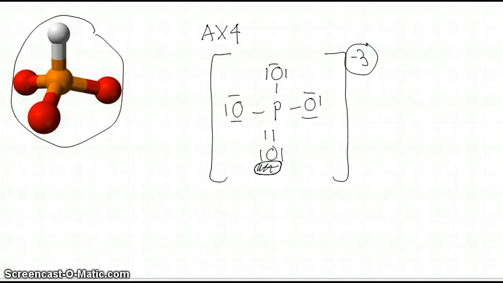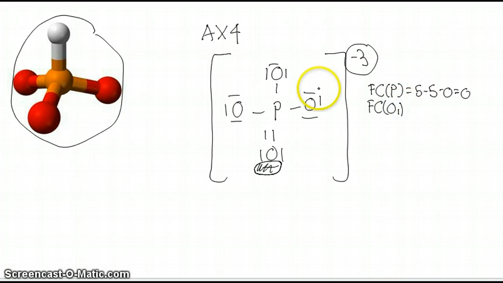To find the formal charge of phosphate, we do Fc for the phosphate, and then we put 5 minus 5 minus 0 equals 0. I will explain this later. First, to do the oxygen, we will do Fc for one of these oxygens, not this one.